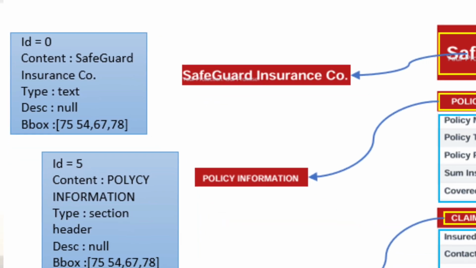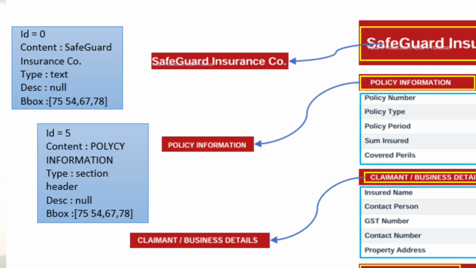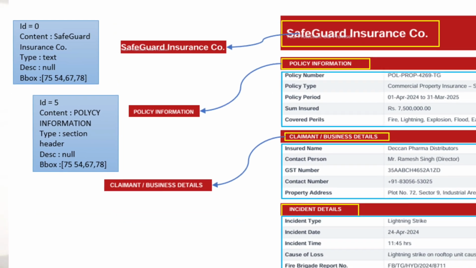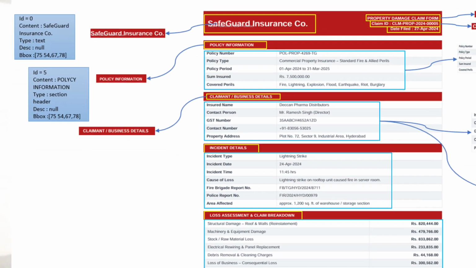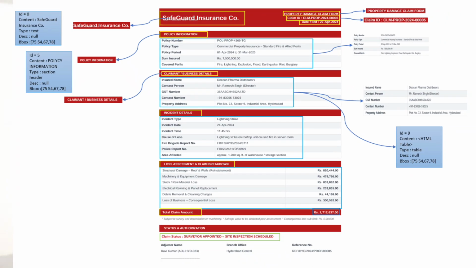Then we have a bounding box, that is bbox, which saves the information like where exactly this particular content is stored on this document. And finally we have a description. This is an AI generated description that AI parse document is going to generate, and most of the times I found it is null. So for now we are going to ignore this.